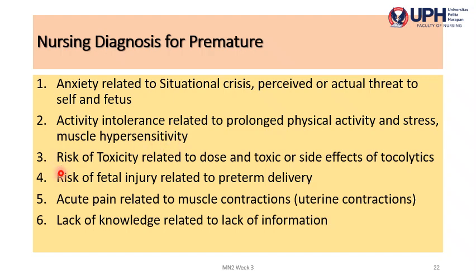And also we can have the risk of toxicity related to the dose or the side effect of the tocolytics, and we have what we call risk for fetal injury related to the preterm delivery, as well as acute pain related to the muscle contractions and the uterine contractions that are happening. And we can also mention the lack of knowledge because there is a lack of information being given to the family.